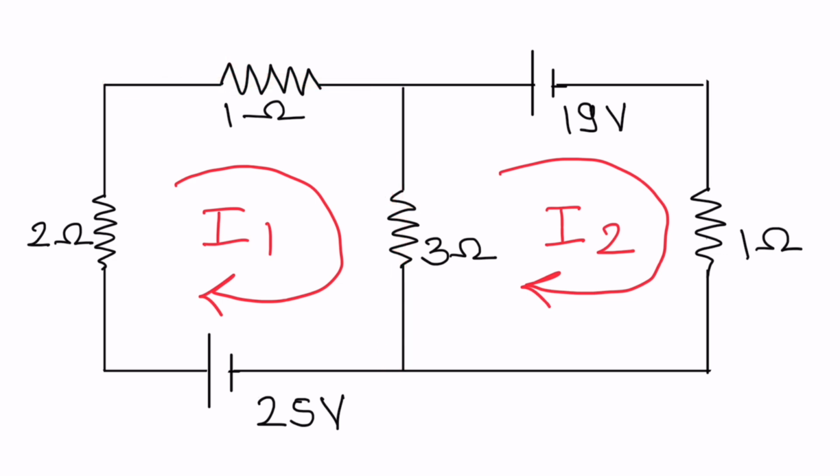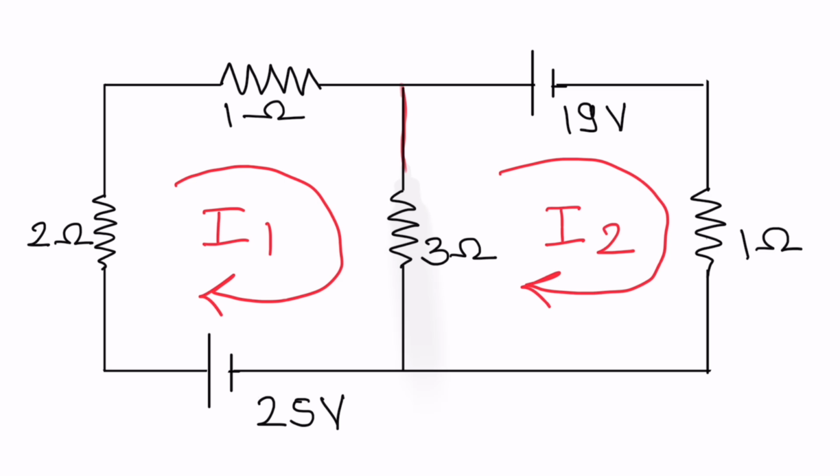For that you need to see which current is flowing along with your direction of travel. Our direction of travel is like this and I1 is flowing in our direction of travel. How is I2 flowing? I2 is flowing like this. Both of them appear to be clockwise, but with respect to the 3 ohm component, I1 is flowing from up to down and I2 is flowing from down to up.